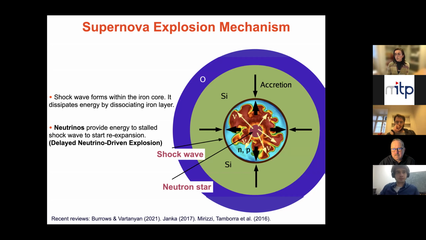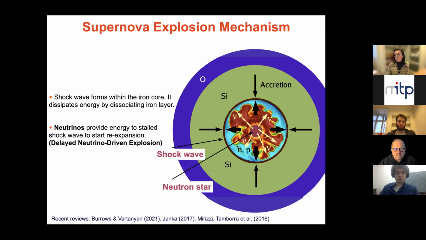Even the explosion mechanism, we think today, is probably also led by neutrinos, in the sense that the shock wave forms. Here you see a section in the core of the star, and basically the shock wave starts in the iron core as it loses all its energy by dissociating iron nuclei.